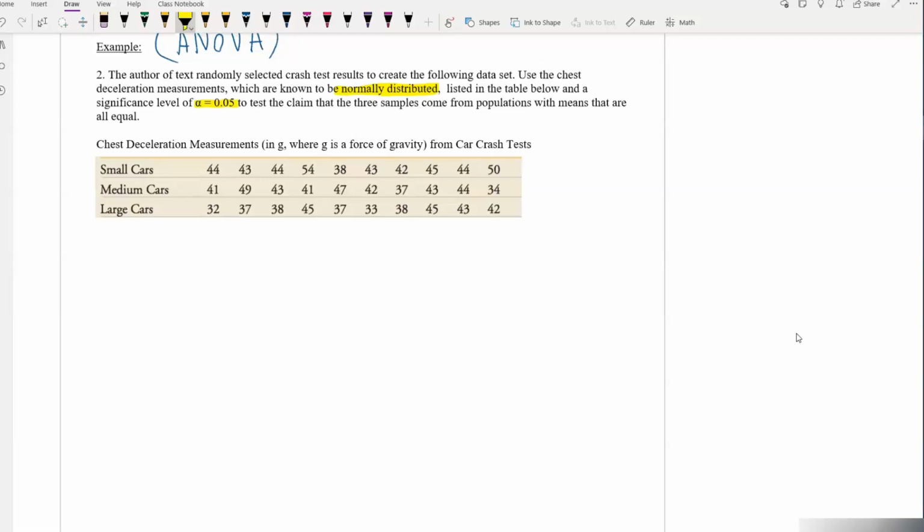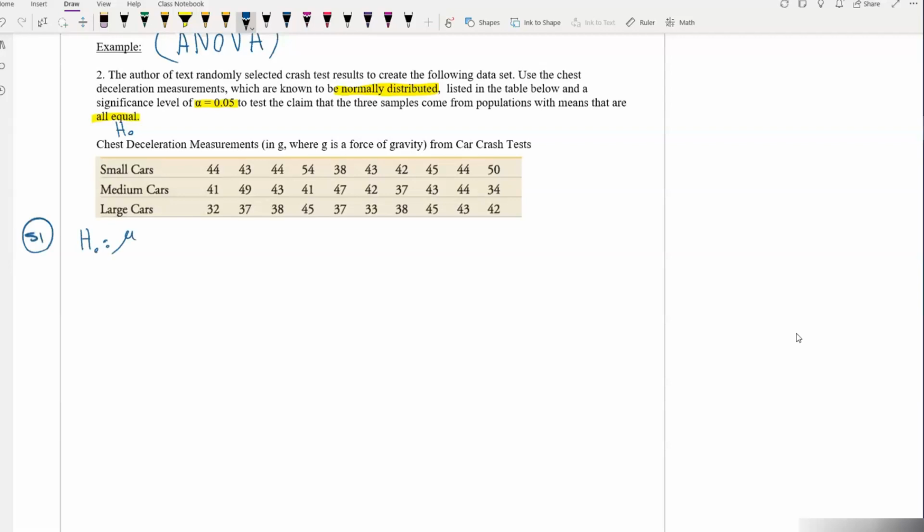So to test the claim that the 3 samples come from populations with means that are all equal. So all equal, this is our null, and this is our alternate. So writing steps, step 1.